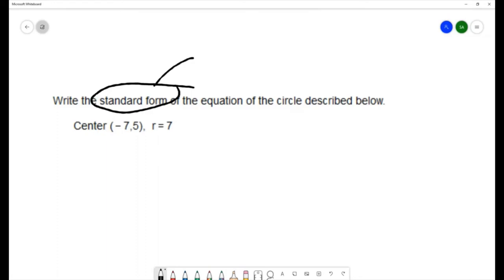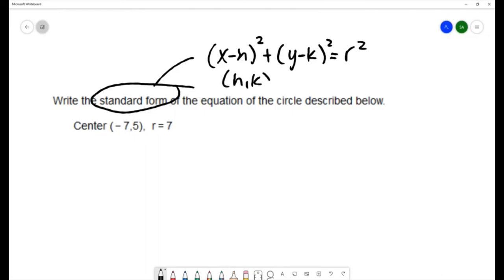The standard form of a circle is (x minus h) squared plus (y minus k) squared equals r squared, where h and k are the coordinates of the center of the circle and r is the radius.